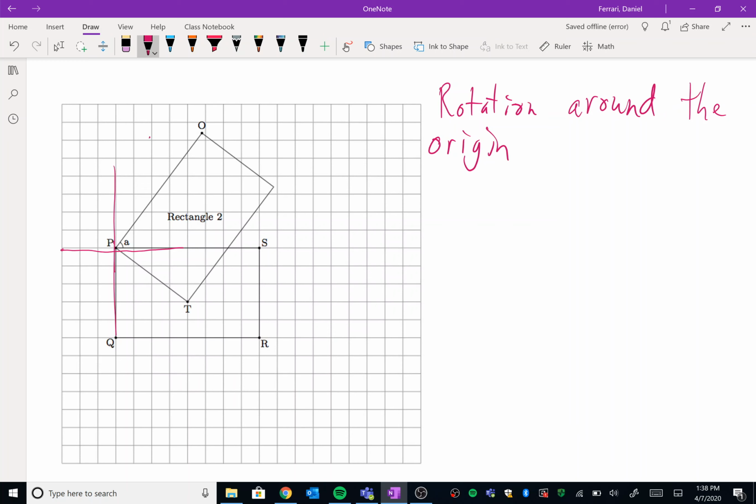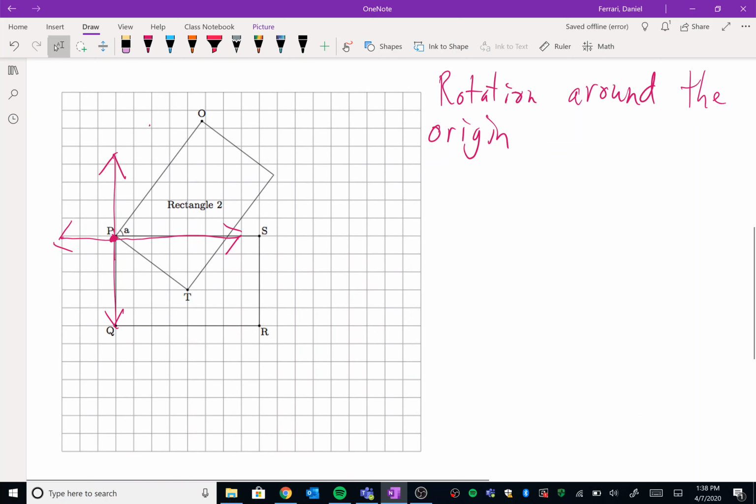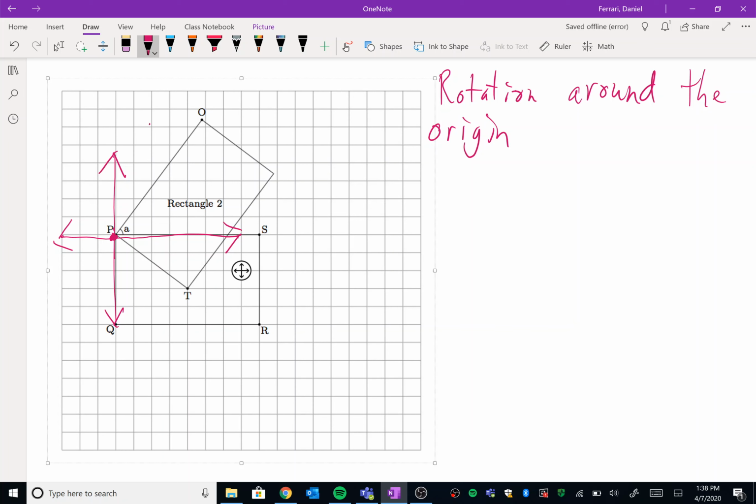So if I drew in an x-y axis and made this point my origin, I'm essentially rotating rectangle 2 around that point. That means point P is going to stay in place. It is the point that we're rotating around. It's not going to spin, but every other point will spin.